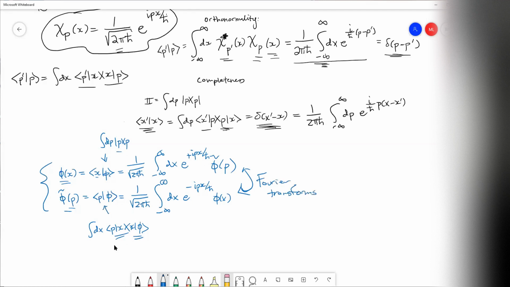So you can actually use these bras and kets to prove all sorts of fun things about Fourier transforms, because it's all we're doing here. We built up this mathematical structure of the Hilbert space in order to basically prove facts about Fourier transforms, at least that's how it comes out in this L2 space.